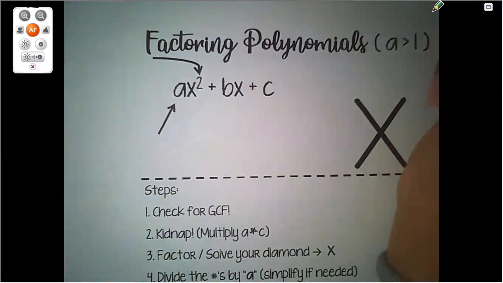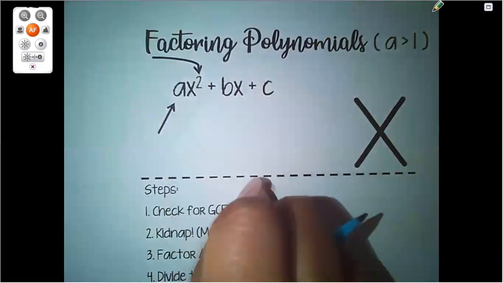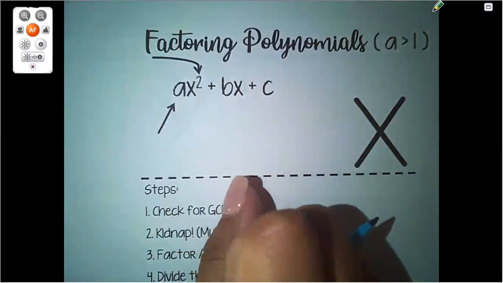Anytime you have a polynomial, it could be a monomial, binomial, trinomial, anything more than 3 terms. But if the largest exponent on any term is the number 2, it is considered what kind of function?